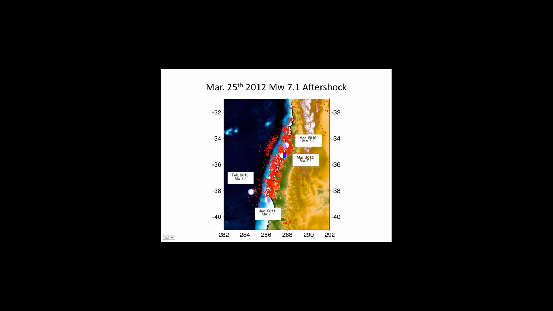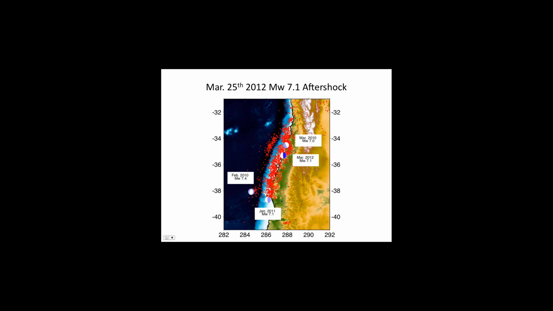One of the events is kind of in the northern part of the rupture. It actually has a focal mechanism which is opposite of what you would think of if it occurred on the interface. It's also slightly shallower than other events that would occur on the interface. So I think it's a strong possibility this is actually occurring in the overriding plate.